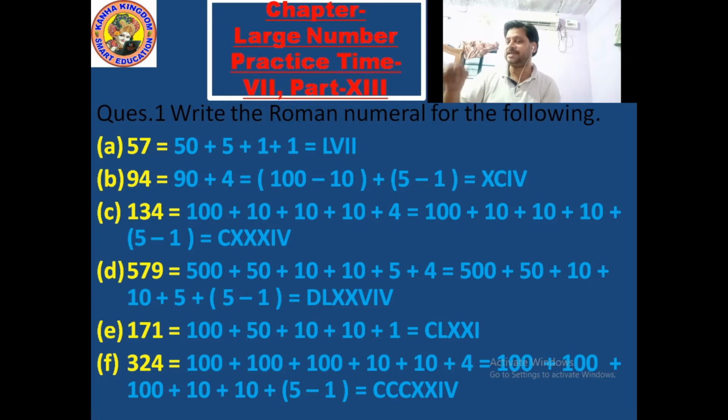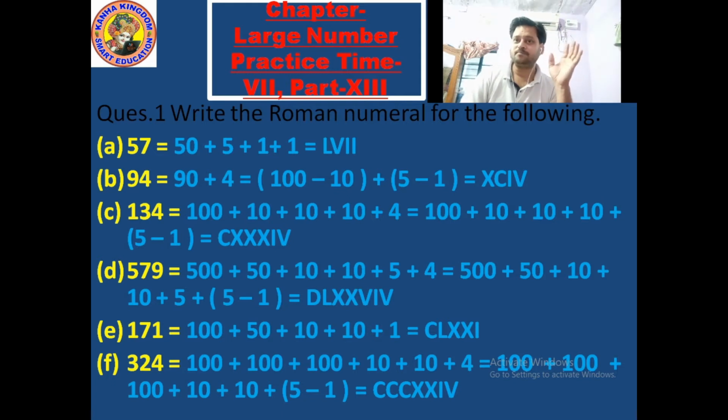Now the second bracket starts and write down 5 minus 1. So first you write I and then V. The exact answer is XCIV. This is the exact answer of 94.